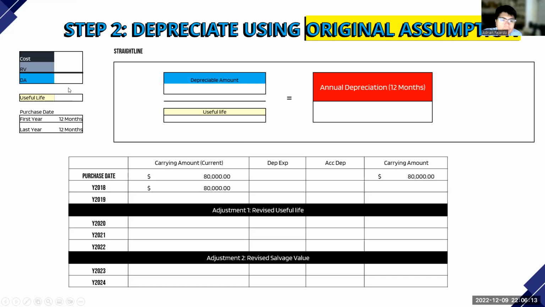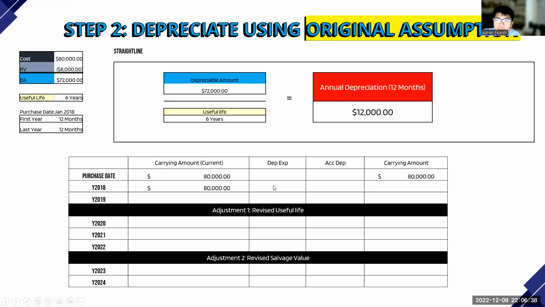So we solve normally. Yung 80,000 na cost, residual value of 8,000. So we have a depreciable amount of 72,000. Our useful life is still 6 years during the original assumption. So straightforward na 72,000 depreciable amount divided by 6 years is equal to 12,000 annual depreciation.